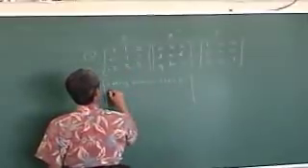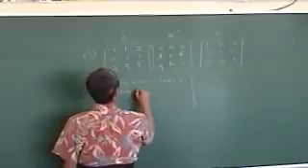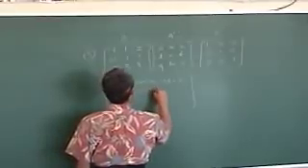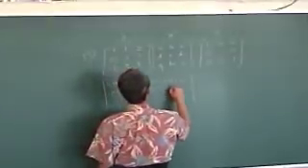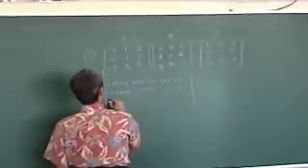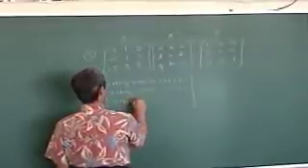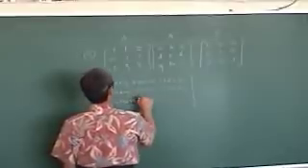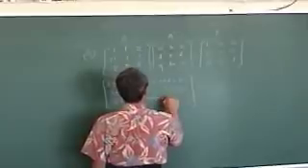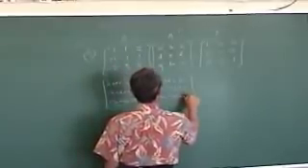Then this next row is going to be negative A plus D plus G, negative B plus E plus H, negative C plus F plus I, and then negative 2A plus 3D plus 3G, negative 2B plus 3E plus 3H, negative 2C plus 3F plus 3I.